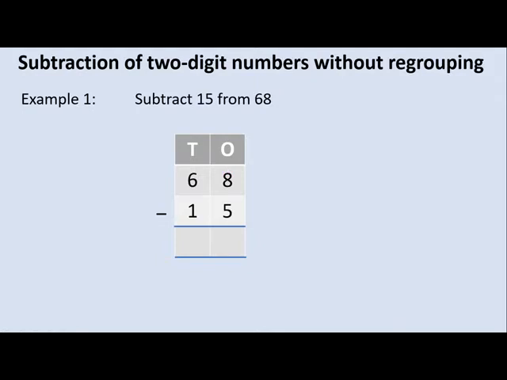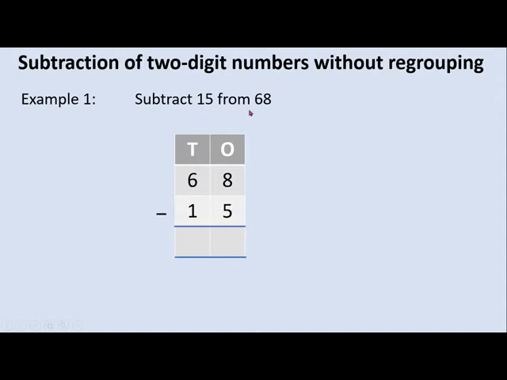In case of subtraction, we should be careful about which number should be written first and which number should be written second or below. Since here we are asked to subtract 15 from 68, it doesn't mean that 15 should be written first and then 68. No, it will be wrong if you write like that.